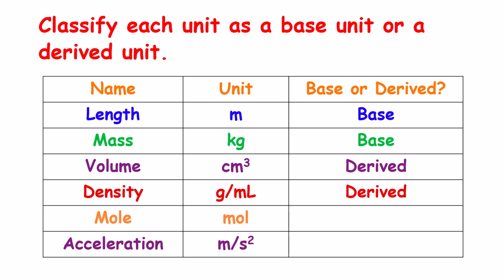We have derived. Mole, that is one of our SI base units, so that is a base unit. And then we have acceleration, meters per second squared. Okay, that would involve meters divided by seconds times seconds, so that is a derived unit. Okay?